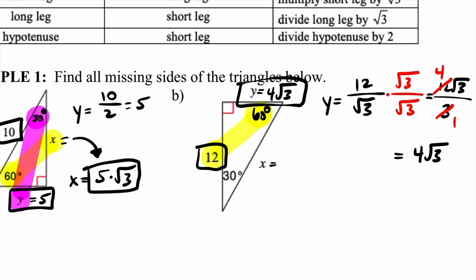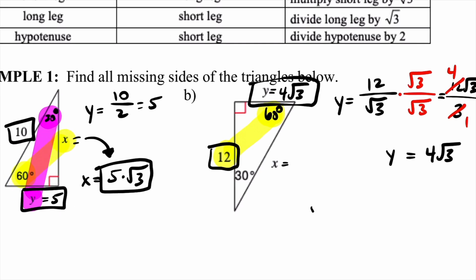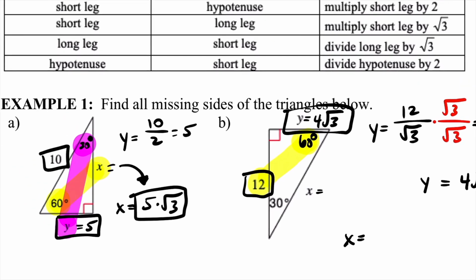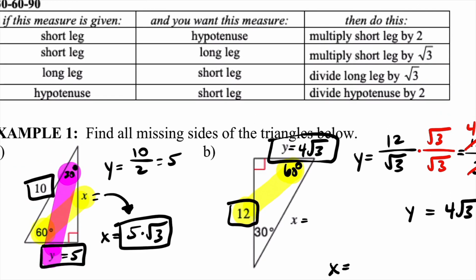Okay, so now I'm missing the hypotenuse. Again, you can use leg squared, 12 squared, plus 4 square root 3 squared equals x squared. You can do that, or you can use the table above. I need to find the hypotenuse, and that's the top row.